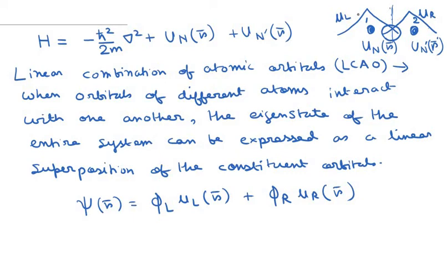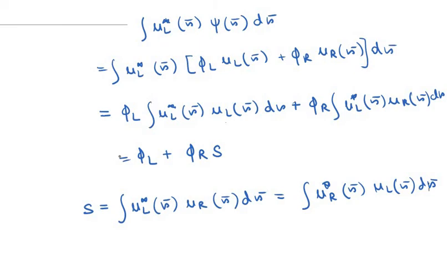If I flip this system around this axis, there is no way of knowing whether I have flipped the system or not. Okay, so this is another way of saying that if I flip this L and R in this equation, I will have basically the same result. Okay, that's the intuitive way of understanding this.